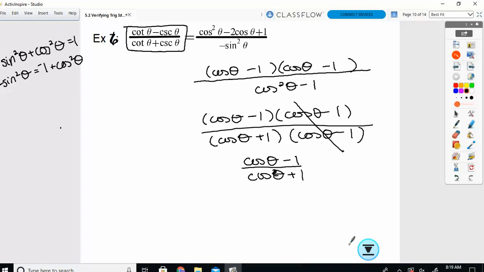Look at our goal. We're not too far. We want something minus something on top, something plus something on the bottom. So we're close. Does anyone see how we can get there from here?